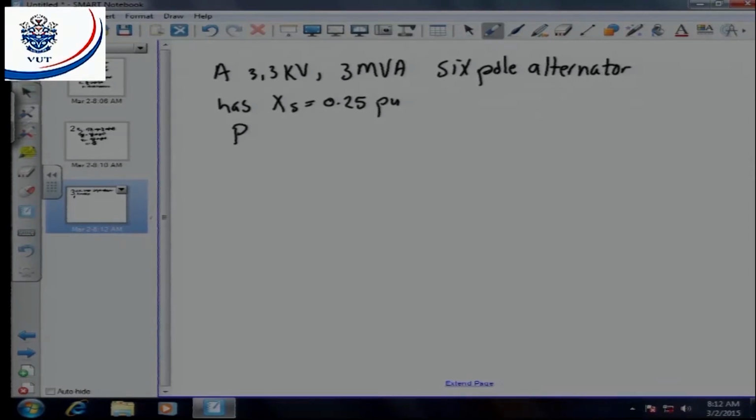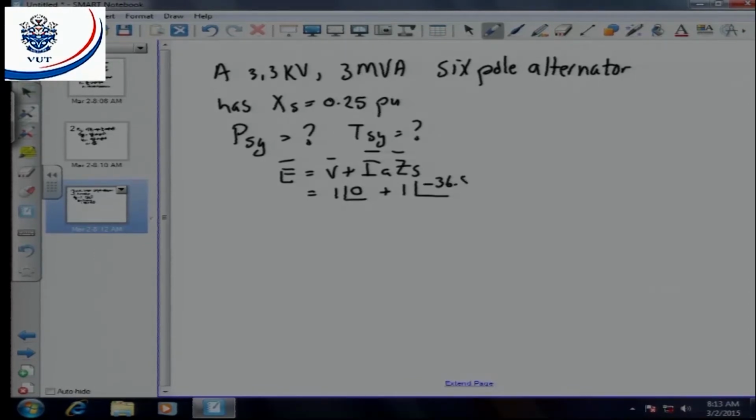So we need to calculate P synchronizing and the synchronizing torque. Now the first step, E is equal to V plus IA ZS. So therefore that will be 1 angle 0 plus 1 angle minus 36.87.